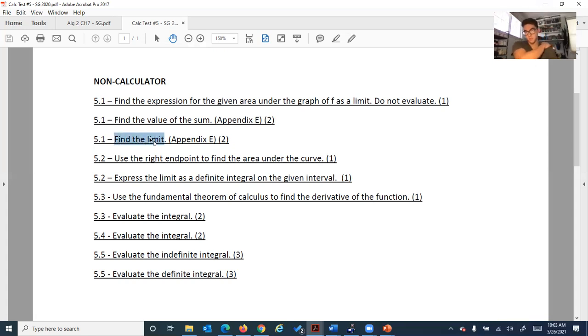See, but find the limit is hard, because then you have to actually do the summation and think about it. To find the value of the sum, you can just do the computation, done. If you're gonna do the final value of the sum, it would be nice if either it's easy problems or it's in the calculator section, so we don't have to do a ton of multiplication on the side. Find the sum of.